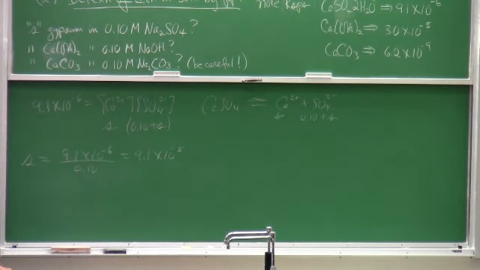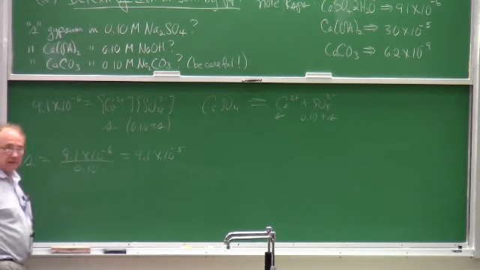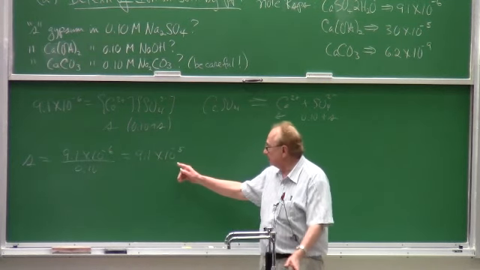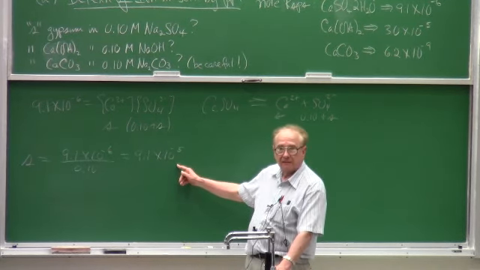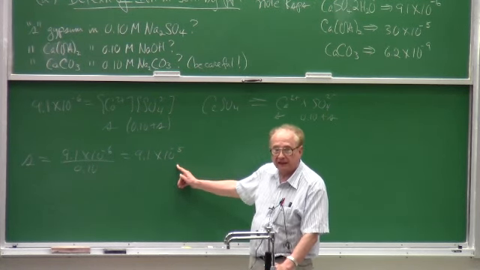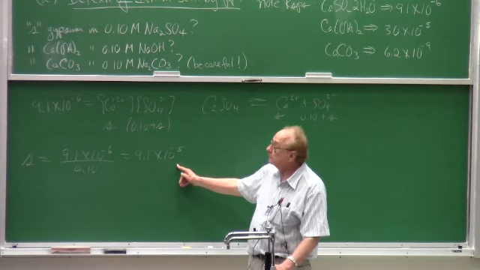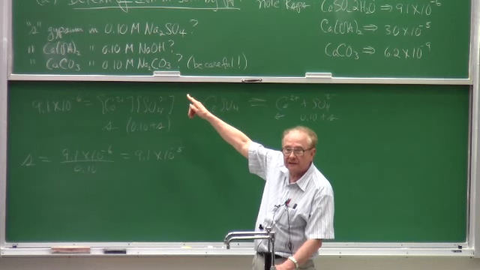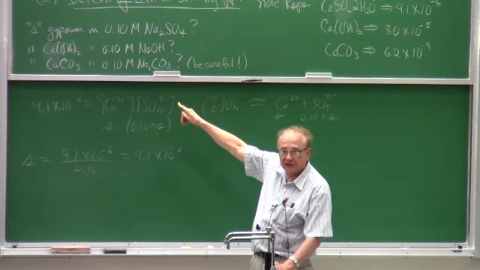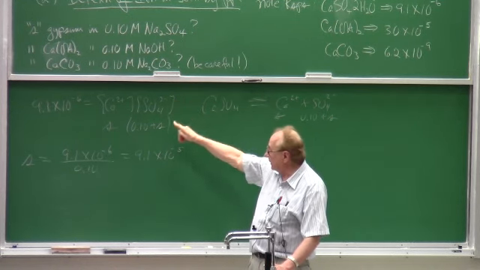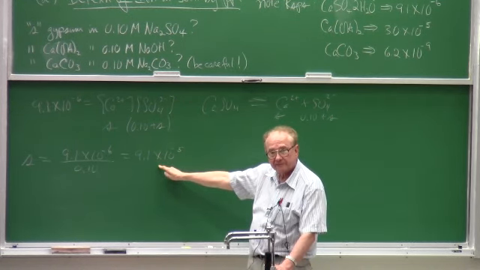Nothing fancy about this. Now what's this number mean? This number means that if I have 10th molar sulfate ion as my precipitating system, I can find calcium ion by precipitation as calcium sulfate at any calcium ion molarity which is bigger than this number.